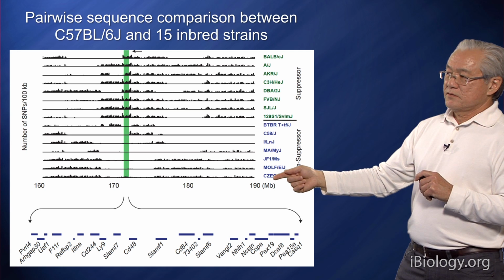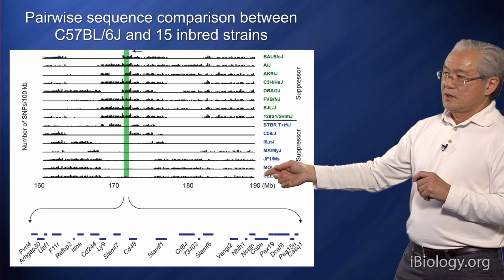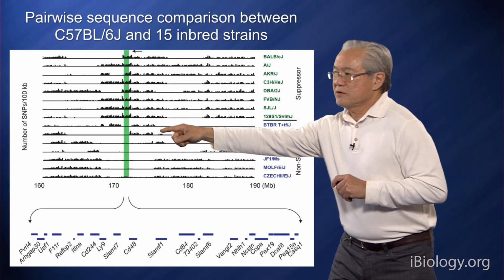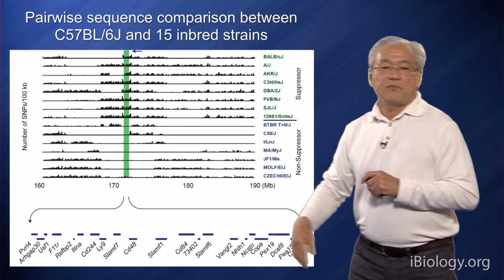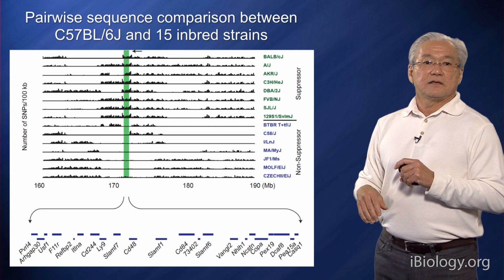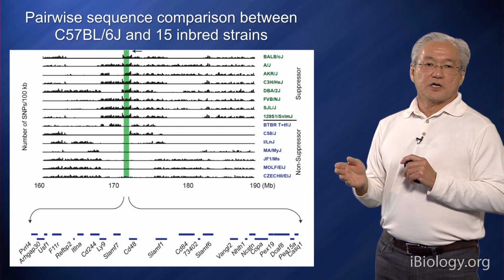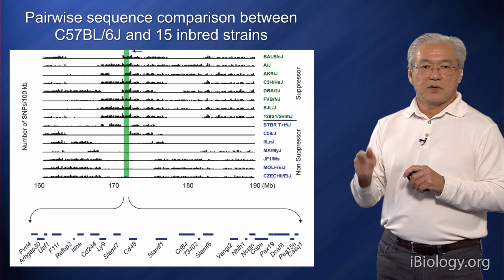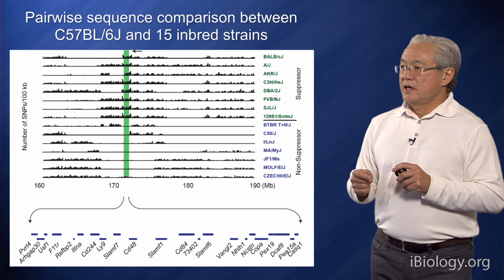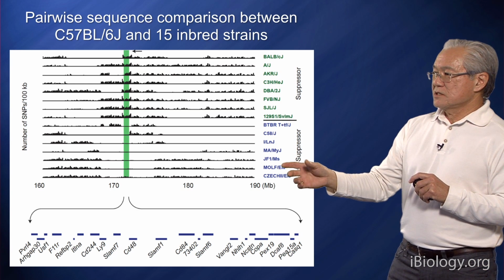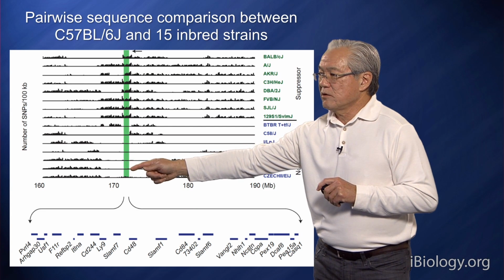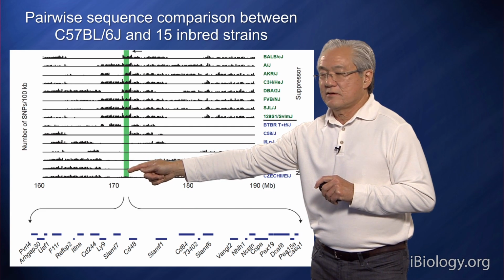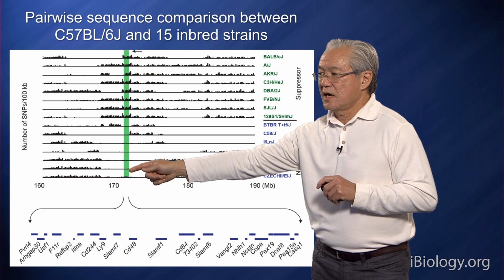And within this 30 megabase region, we could find only one very small interval shown here in green that matched perfectly the pattern of suppression and non-suppression among these strains. And so that suggested that the suppressor was restricted to this narrow region, which is about 900 megabases in size.